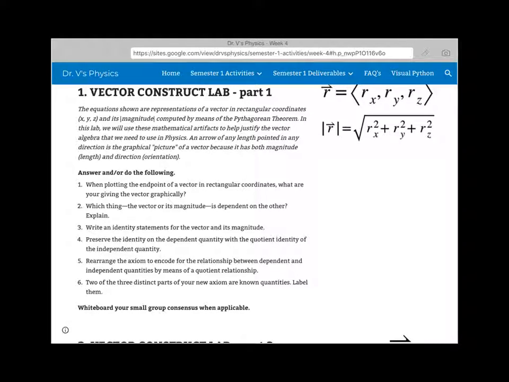This magnitude equation here would simply be the Pythagorean version, which I'll just put in a two-dimensional version. You'd have those components of a vector, that's the 2D version.